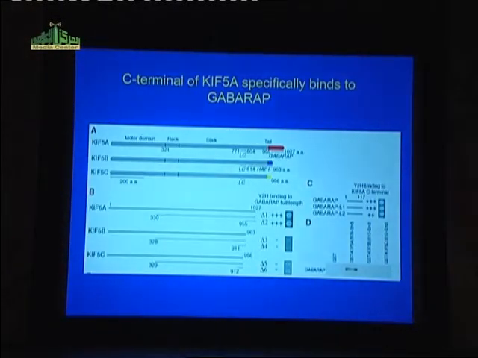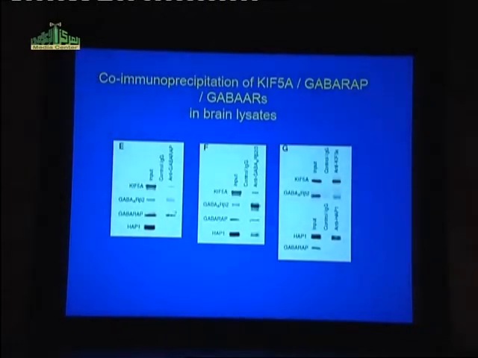Then we tried to find out the mechanism of transport of GABA receptor by K5A. So we performed yeast two-hybrid to find out the binding partner of the K5A tail domain. We picked up GABA receptor associated protein. This interaction was confirmed by in vivo immunoprecipitation.